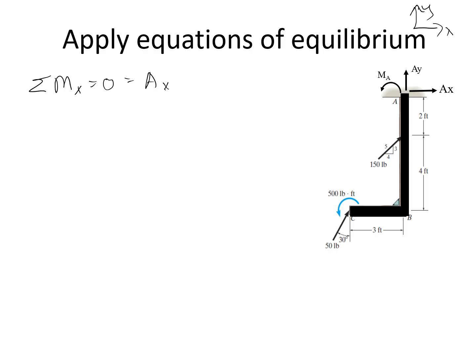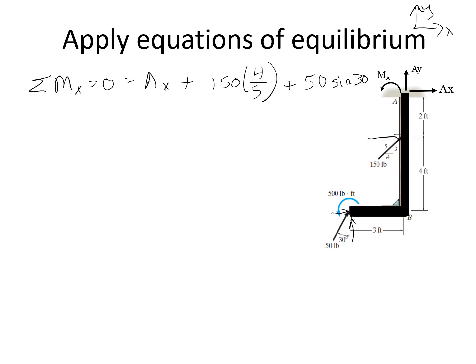So AX plus, I have this 150 pound force, and the X component of that will be 4 divided by 5. And then I have this 50 pound force, and we have two components of that, so that will also be in the positive direction, so 50 pounds times the sine of 30, and that will also be positive.